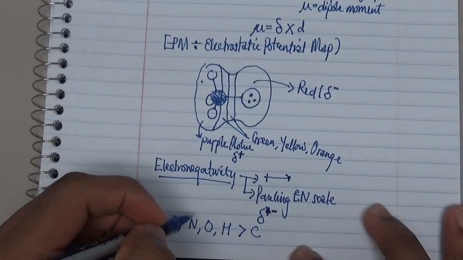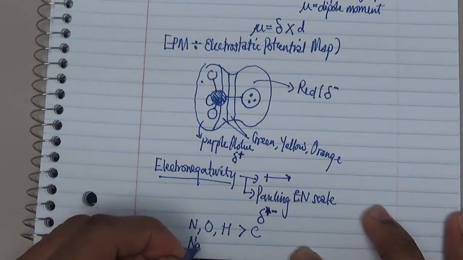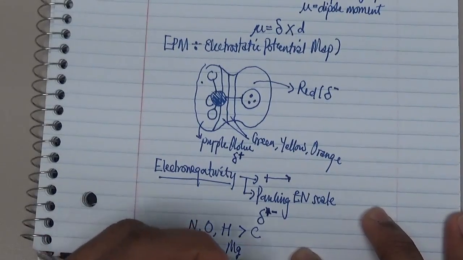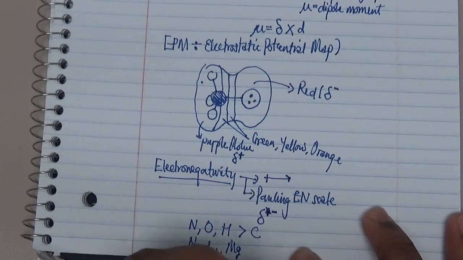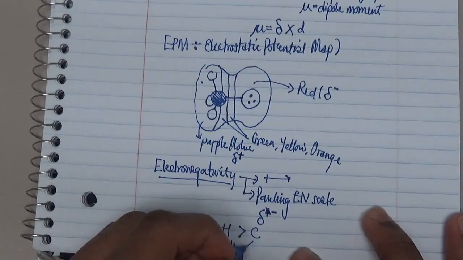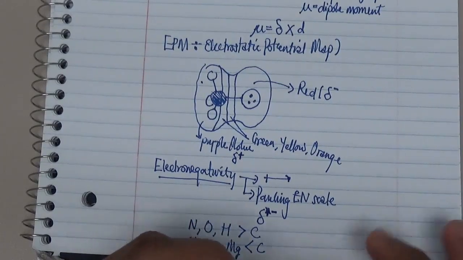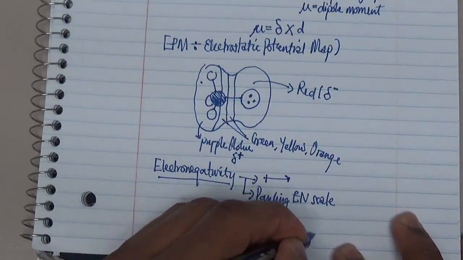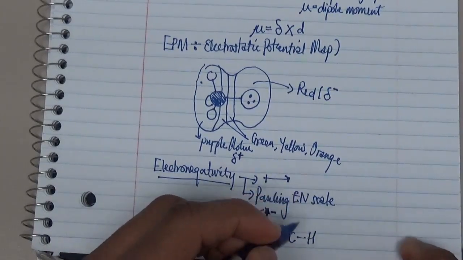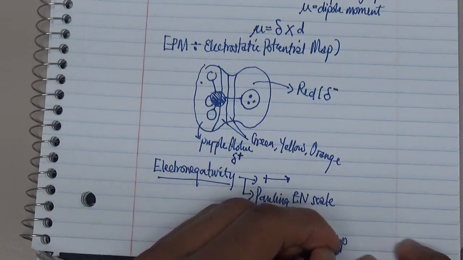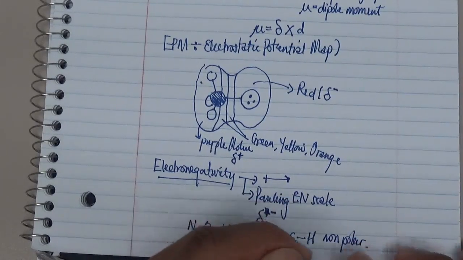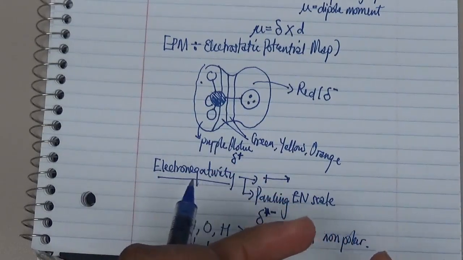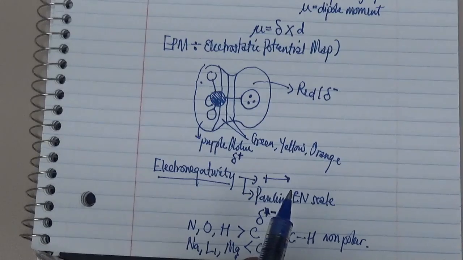However, we have elements like sodium, lithium, and magnesium which have a lower electronegativity than carbon, and we usually consider the bonding between carbon and hydrogen to be a nonpolar bond in most cases because they both have really close electronegativity values.